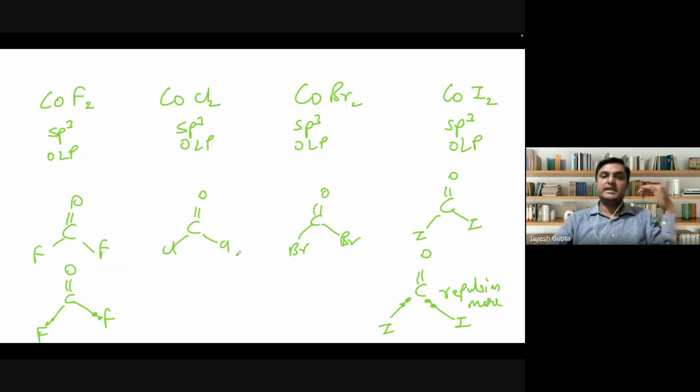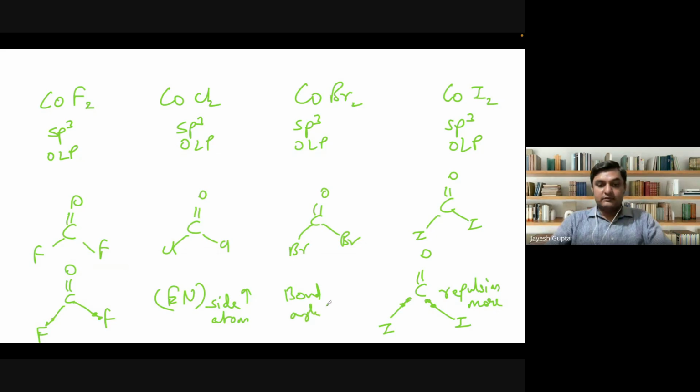Like in the previous case, EN of central atom increases, bond angle increases. Here EN of side atom increases, your bond angle will decrease. So this you have to remember, it is inversely proportional.